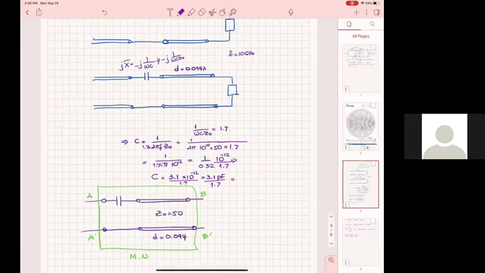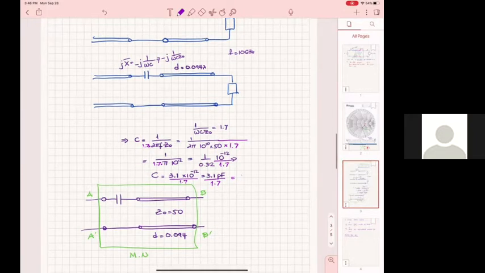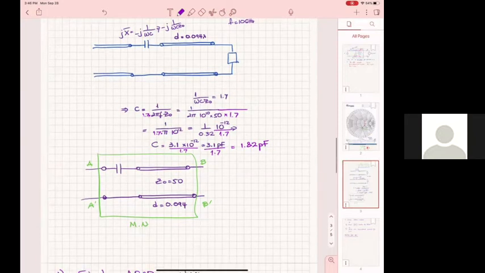Okay, good. And it's 3.1 divided by 1.7, which is 1.82 picofarads.